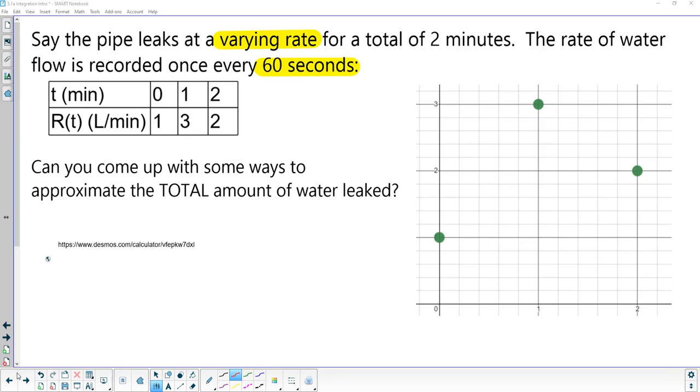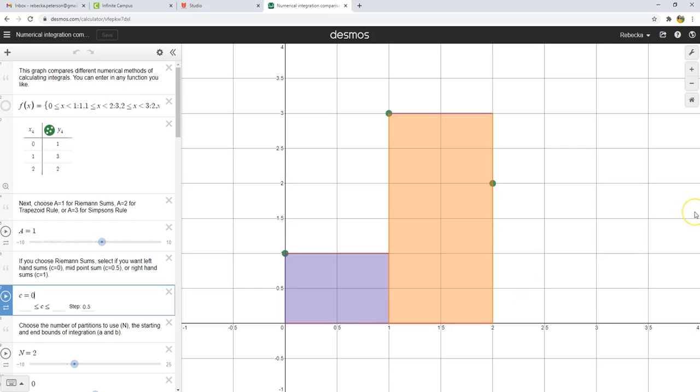That would be a pretty good approximation, actually. Very good approximation. Let me show you here, too. So one idea would maybe say, okay, just use that first rate for that first time interval and find that area. Use the second rate for the second time interval, find that area, add them up, right?